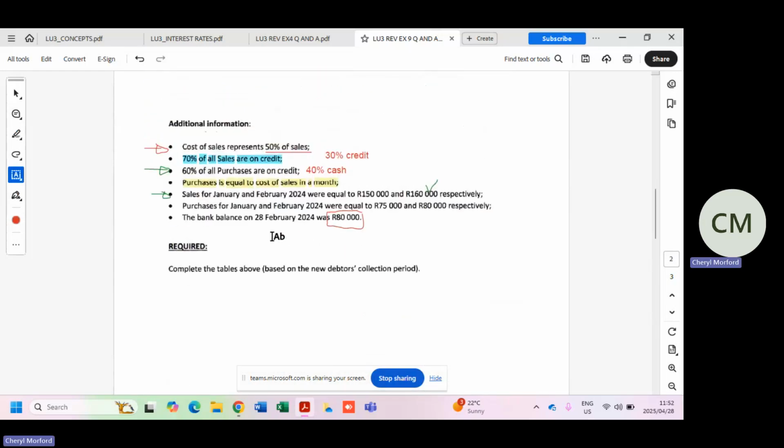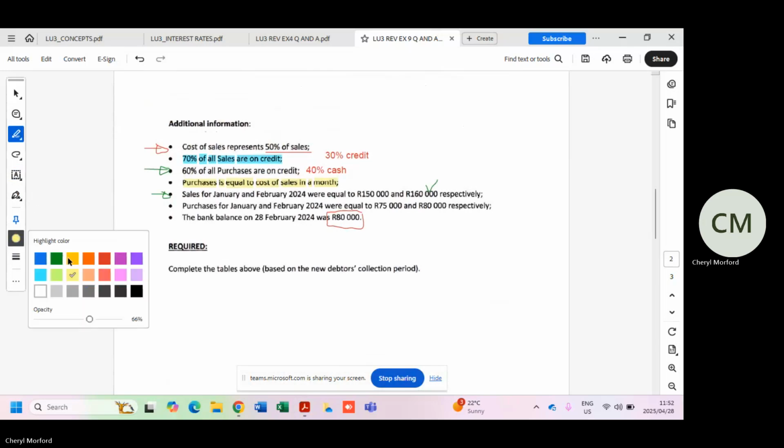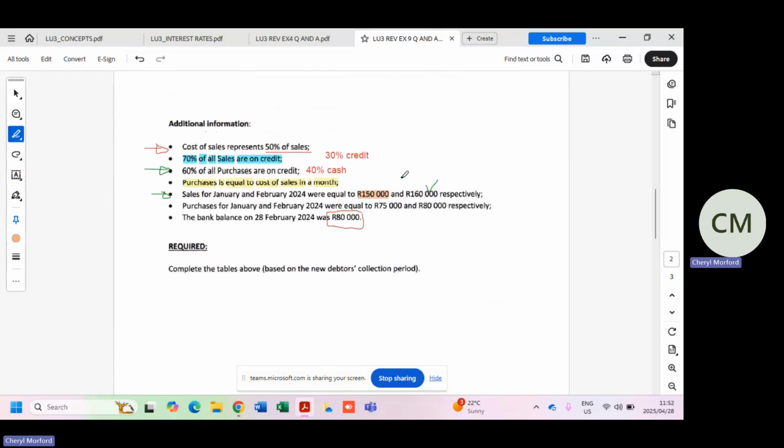Here. So sales for January were equal to 150,000. That's where I found the number. So step 1 is I must convert that into my cost of sales by finding 50% of it. And that now is going to represent my purchases. And then I'm going to find 60% of that, and I'm going to lag the payment by 60 days. So I'm going to record it as a payment in March.